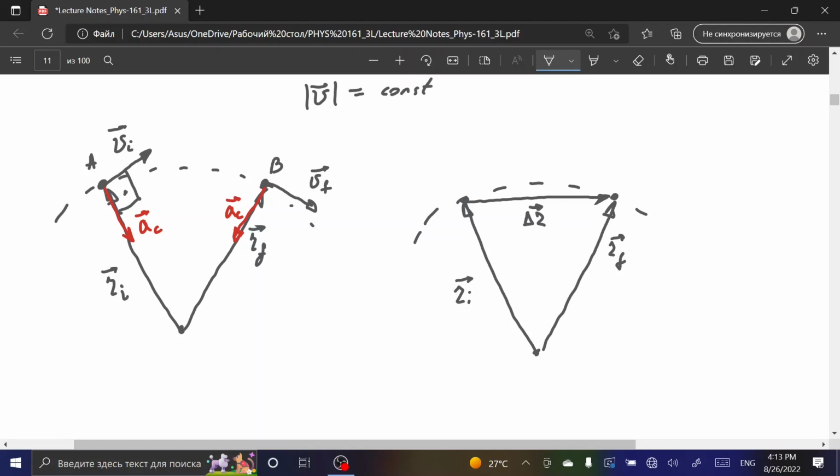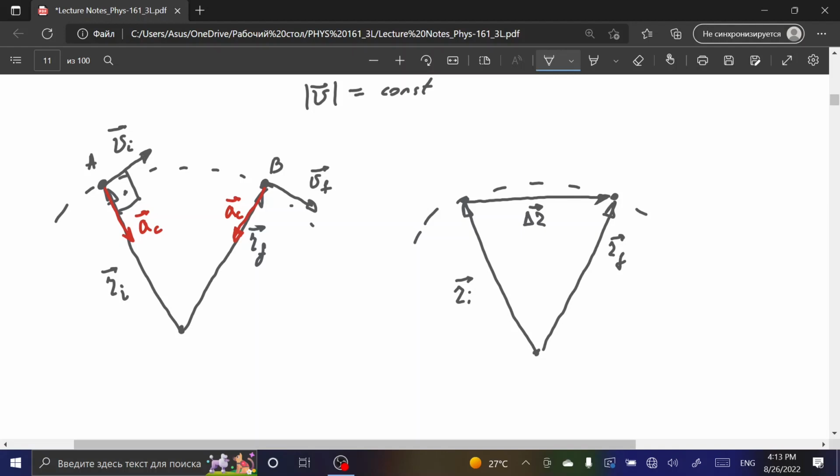So we have some path. Keep your eye on this, that's important. We have some path which lies on this circular trajectory, and we have the displacement vector. So focus your attention that the magnitude of the displacement vector is smaller than the path, because this is a straight line, and this is a curve.